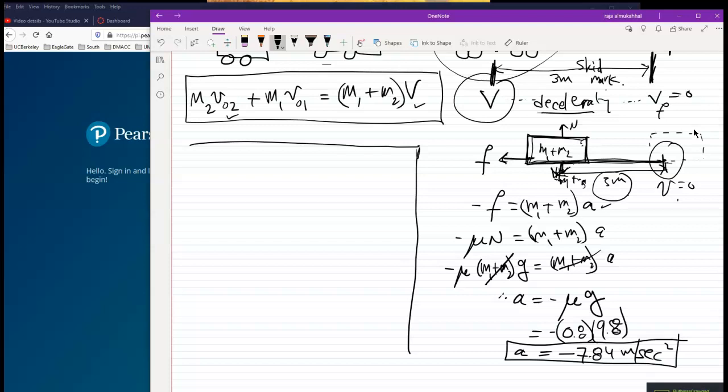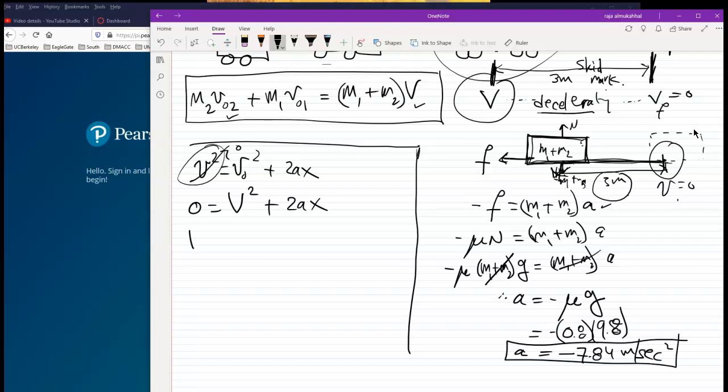Okay, so I can use the second kinematic equation, which is this one: V squared equals V naught squared plus 2ax, where V naught here really is big V. Let's put it in our notation. And this is, of course, the final velocity, which is 0. So that's 0 equals big V squared plus 2ax. X is the skid, right? So therefore, big V is equal to the square root of negative 2ax.